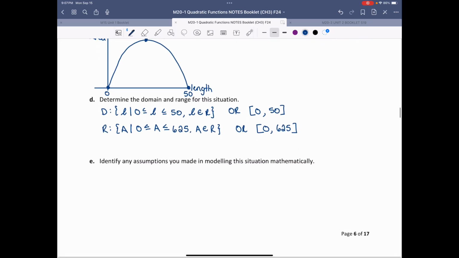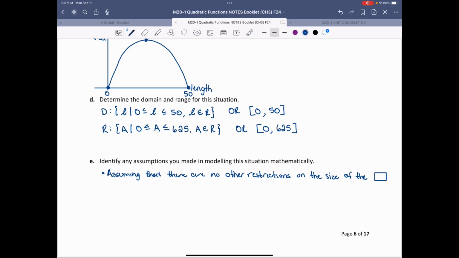Part E: identify any assumptions you made in modeling this situation mathematically. Well, for one, we are assuming that there are no other restrictions on the size of the rectangle.